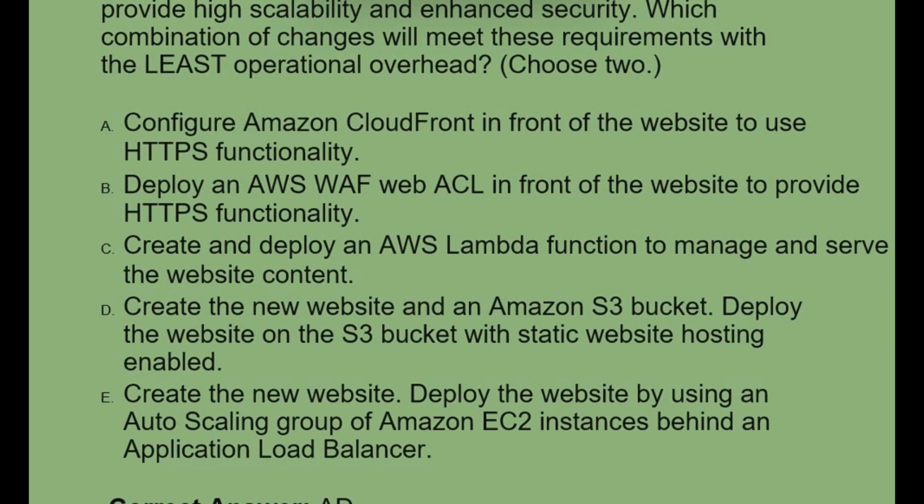Option D. Create the new website and an Amazon S3 bucket. Deploy the website on the S3 bucket with static website hosting enabled. Option E. Create a new website. Deploy the website by using an auto-scaling group of Amazon EC2 instances behind an application load balancer.